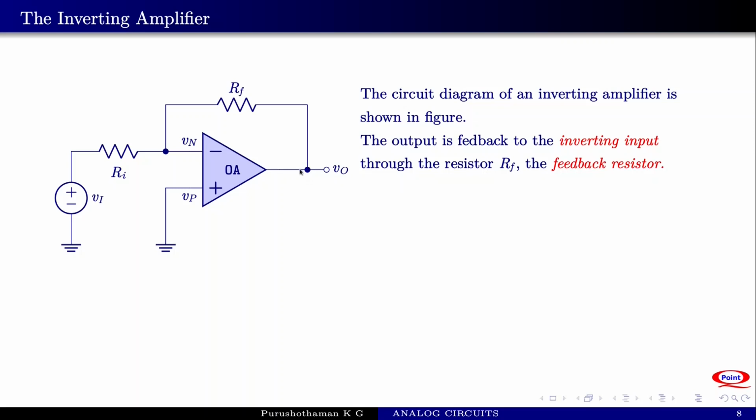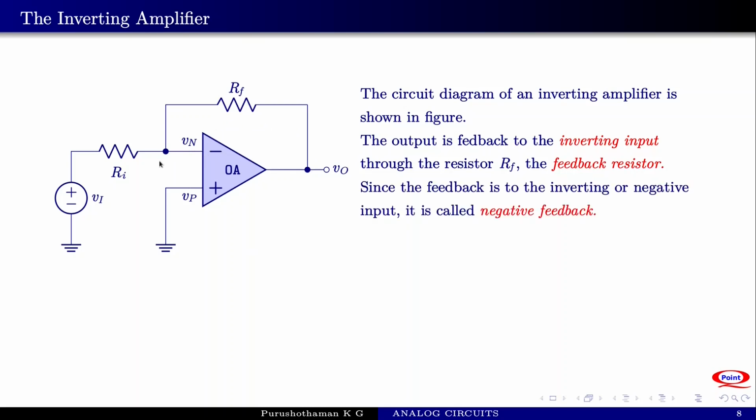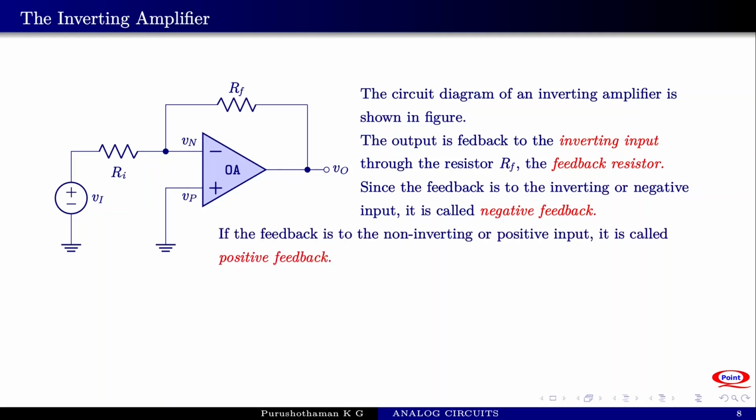Since the output is connected to the inverting input, or the minus input, or the negative input, this type of feedback is called negative feedback. If the connection is from output to the non-inverting input or the positive input, it is called positive feedback. Amplifiers employ negative feedback in general.